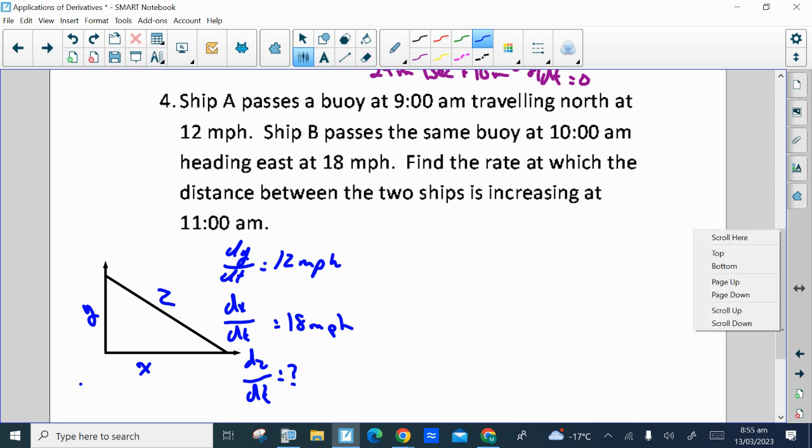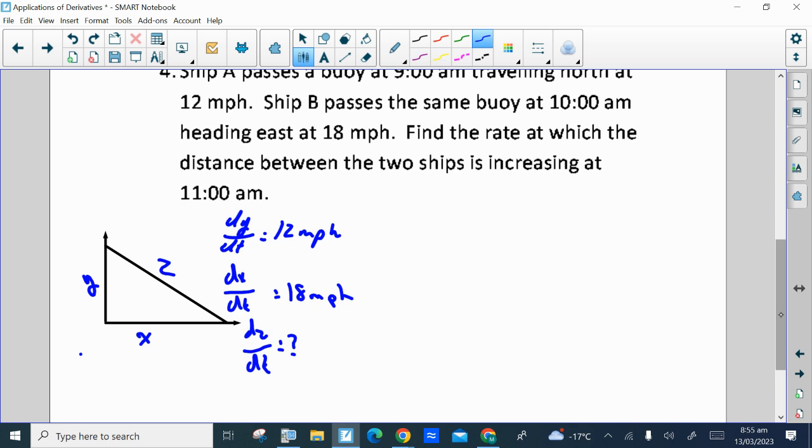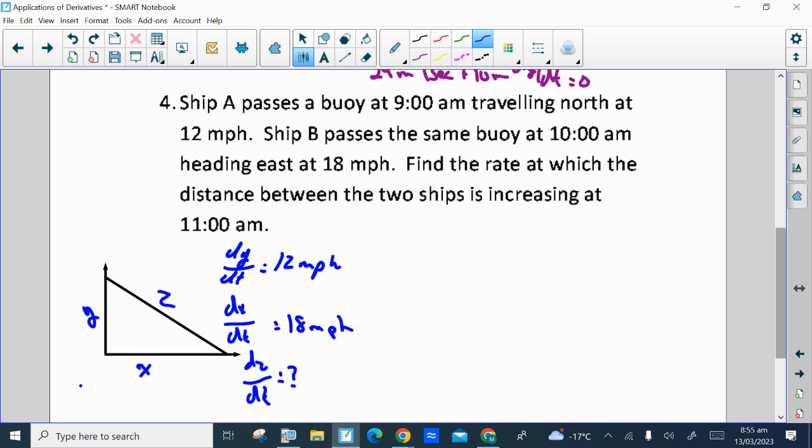The hypotenuse is not a constant in this case. It's always changing. It's always getting bigger. So again, we need an equation, a formula that relates all three of these together, which once again would be Pythagorean theorem. And now you're going to differentiate each term with respect to time using the chain rule.